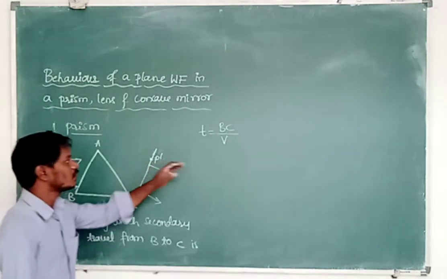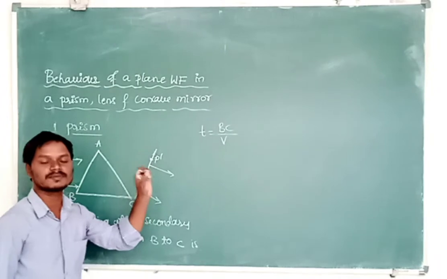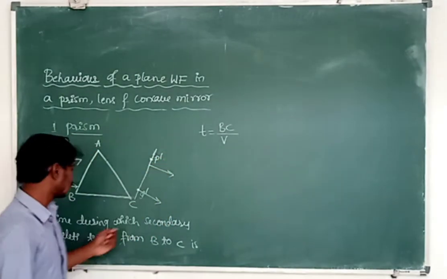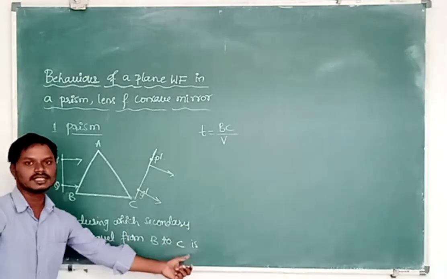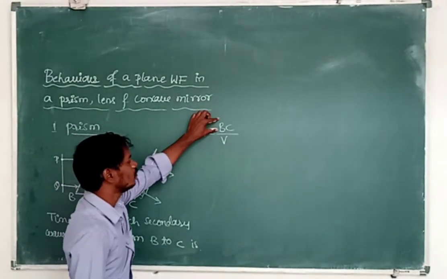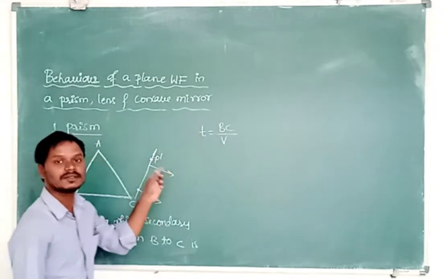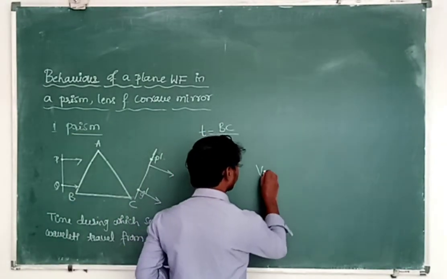So by using the definition of speed, what is v here? v is the speed of light in glass. And what is t here? It is the time taken by the secondary wavelet to travel from B to C in the prism. That is, t is equal to BC by v. BC is the distance traveled by the secondary wavelet from B to C. What is the definition of speed?